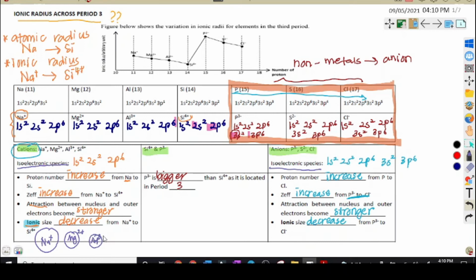And then finally we're going to have Si4+ with the smallest size. But for anions, P3- would be the largest size. The sulfide would have the second largest ionic size. And the smallest one will be our Cl-.